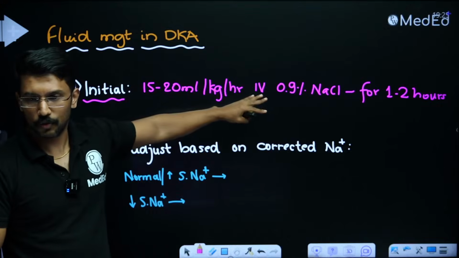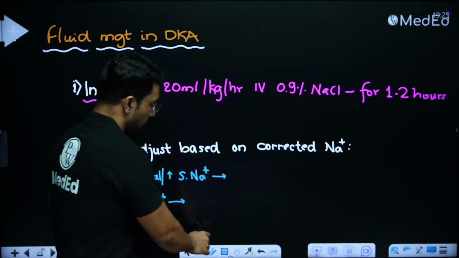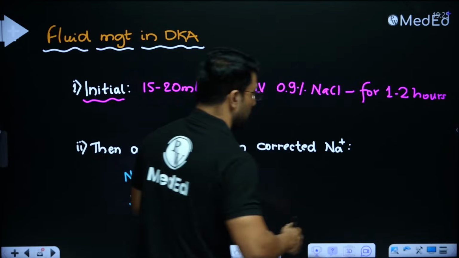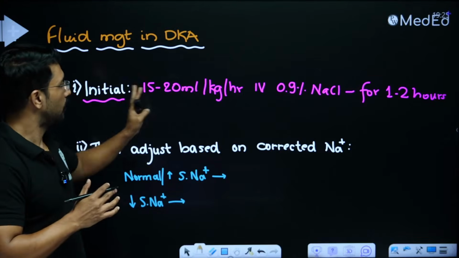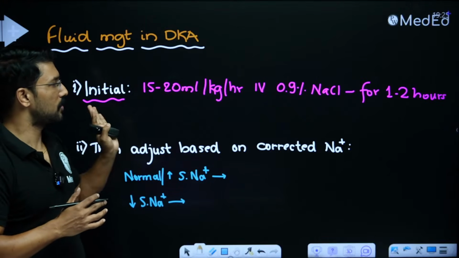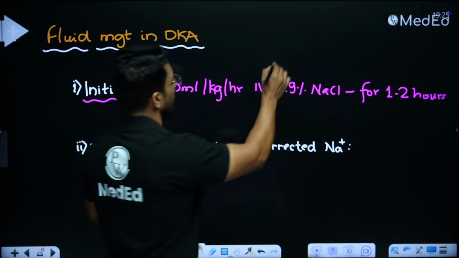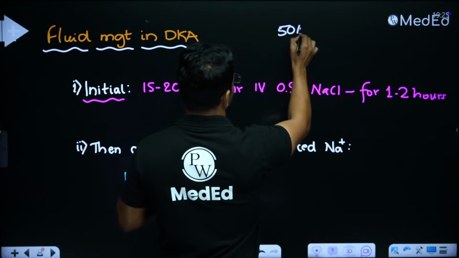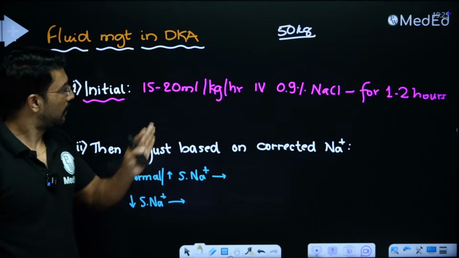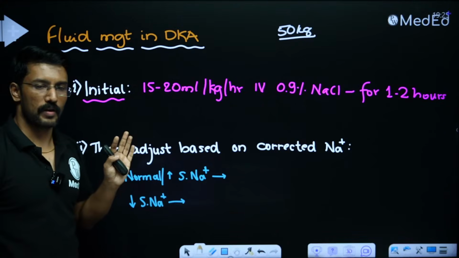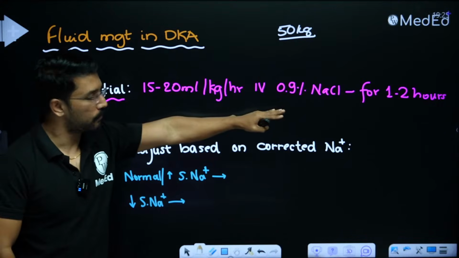Now, this is very, very crucial because if you become an intern, before your PG comes into the picture and manages the case further, at least the initial fluid you should know, right? How much to give? So how do I get to know? Let us say that I'm talking about a 50 kg person. What should be the initial fluid that I'm going to give? Let us take the higher number, 20 ml per kg per hour for the first 2 hours.